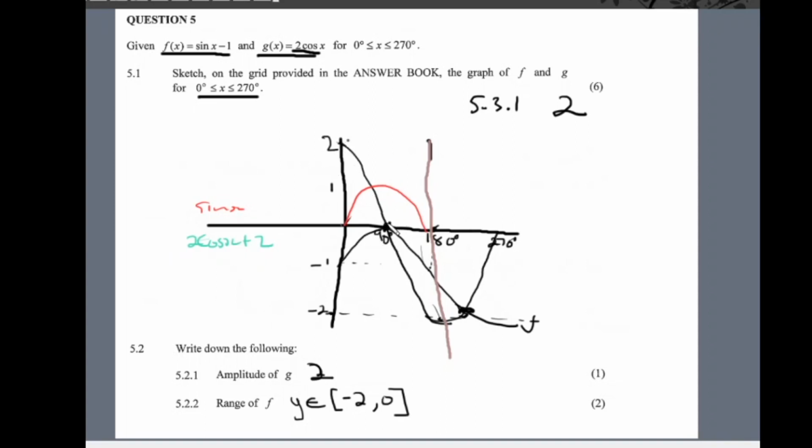So when you shift this point here 2 units up, it will go there. And then when you shift this one 2 units up, it is somewhere there, which is 4. And then when you shift this point 2 units up, it will go here, right?